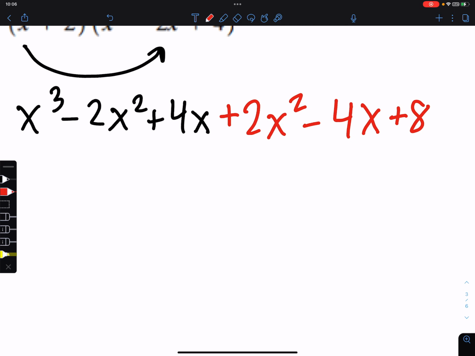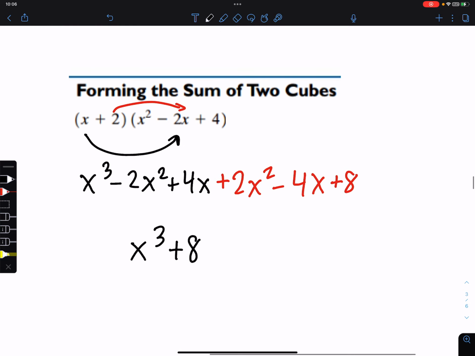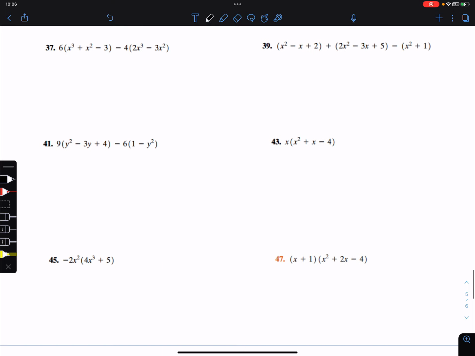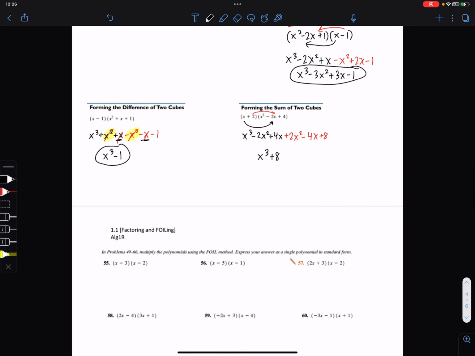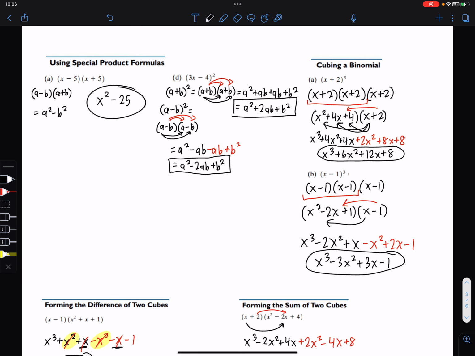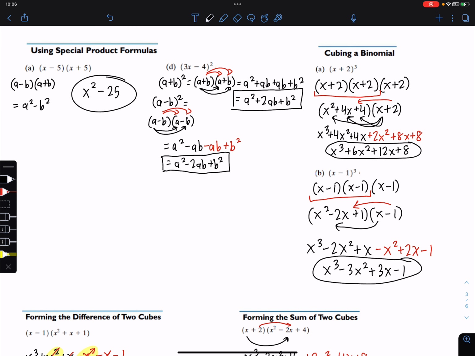Okay, note how the middle terms cancel out again, and we get x cubed plus 8, and here we got the sum of two cubes. Very interesting. Okay, so yes, that will be it for polynomial operations.